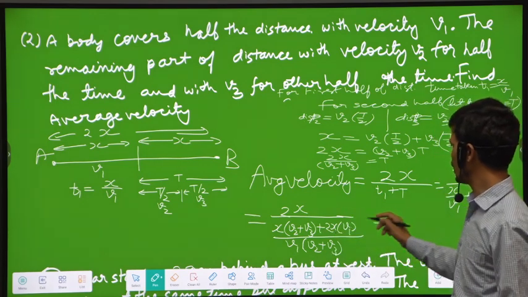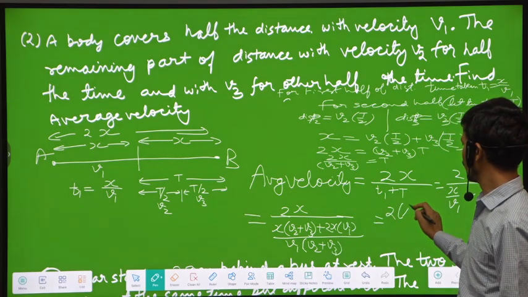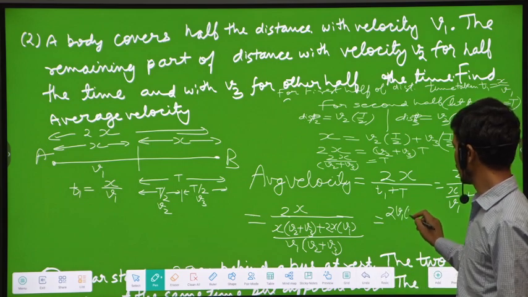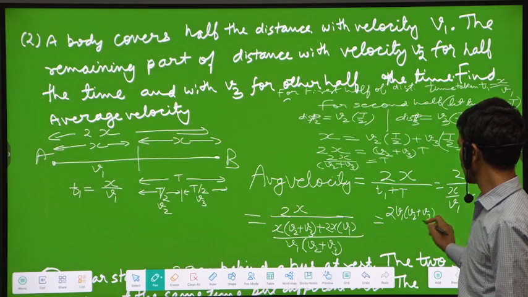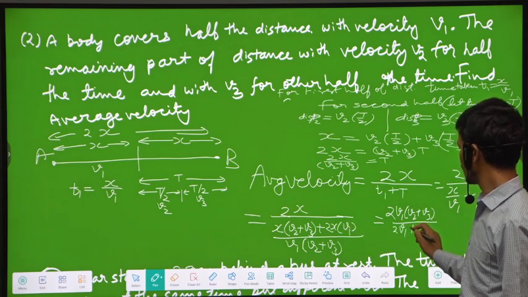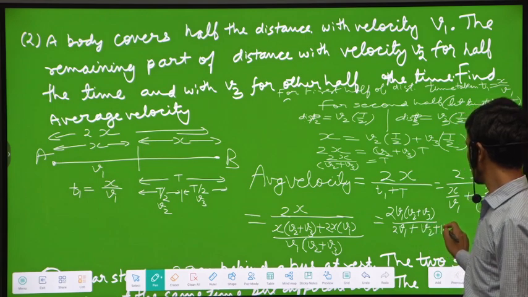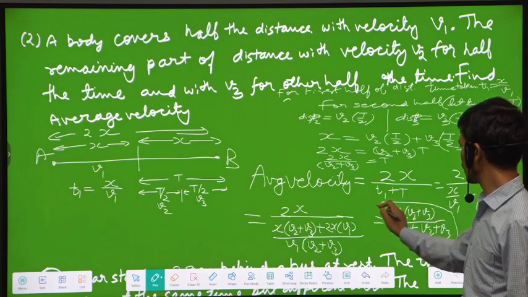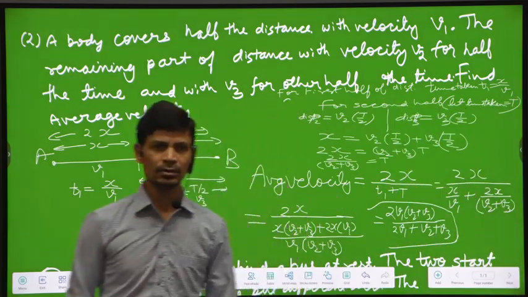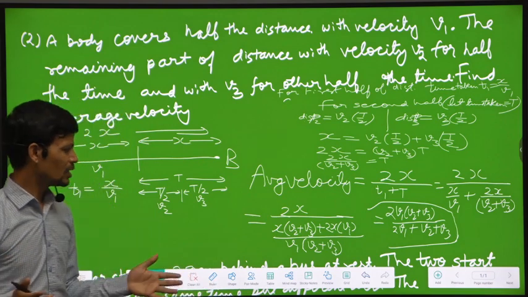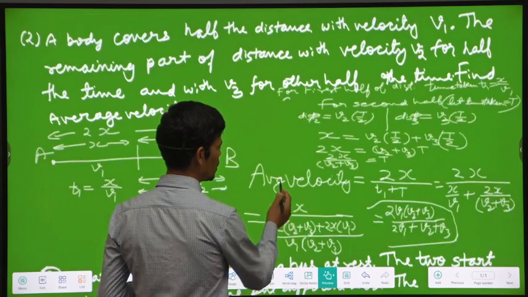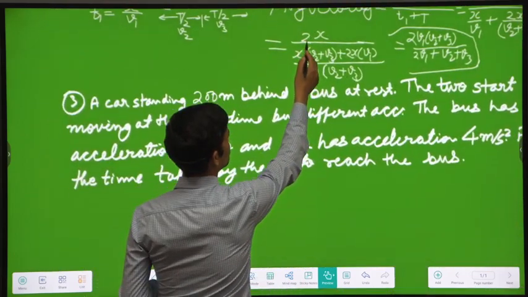So finally it will be 2 v1 times v2 plus v3 divided by 2v1 plus v2 plus v3. That's all. This is the final answer. So the question was a bit tricky, otherwise it was a simple one. The statement was tricky.